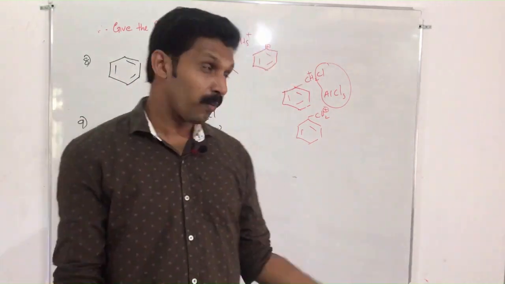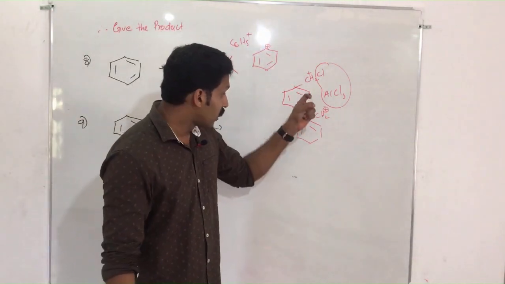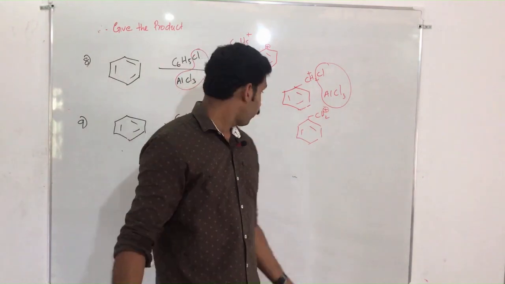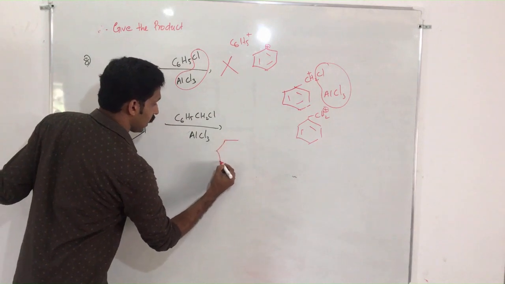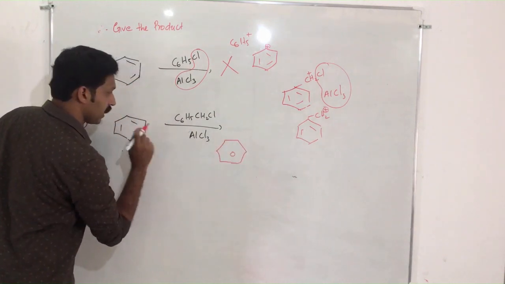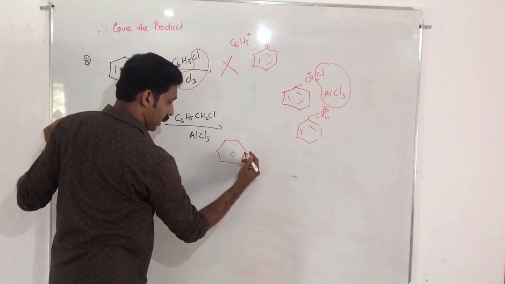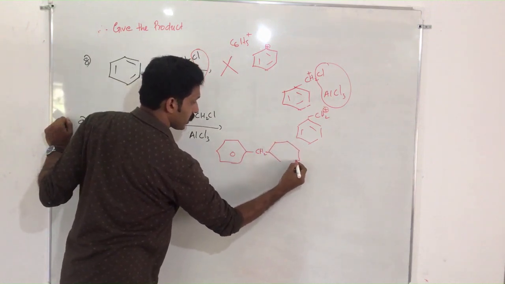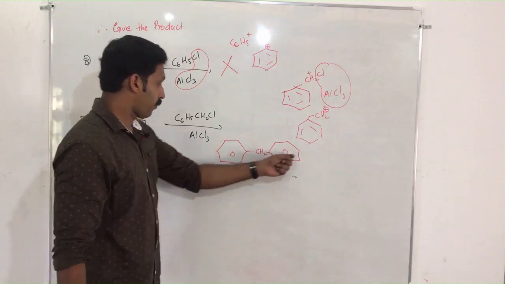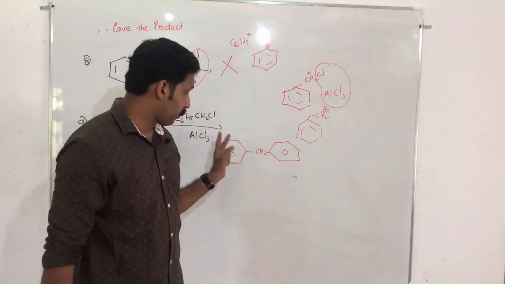Therefore, the tendency of formation of this species is very high, so there is a possibility of reaction. The already existing benzene is there, then this group attacks the benzene ring, and you get the answer C6H5CH2C6H5, that is diphenylmethane.